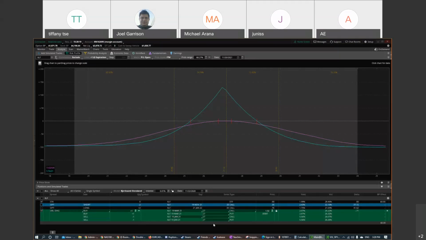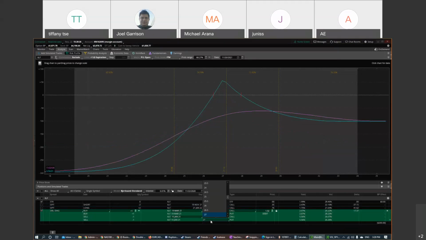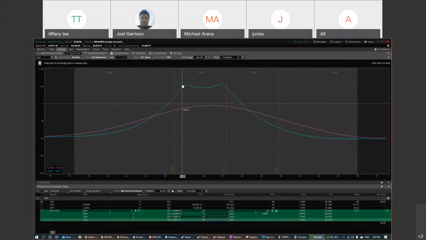Let's try playing with this. We're going to do 25, 25. So this is what I meant. This is a double calendar. This is your risk to reward ratio. That's how I normally see double calendar spreads.